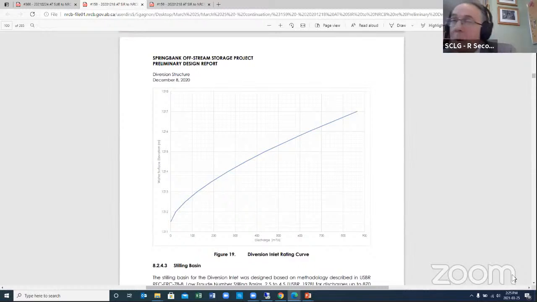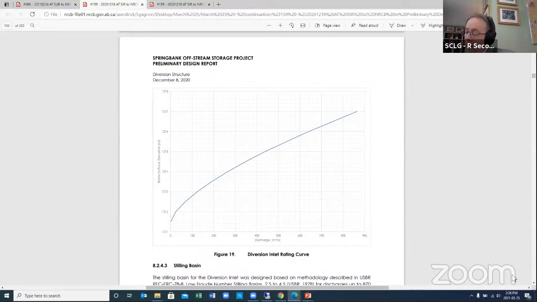Sorry, the auxiliary spillway. Sure. At 1217, there would be water flowing through the auxiliary spillway. That's correct. Right. And when I looked at the original auxiliary spillway, it seemed to me the original design took the spillway right up to the edge of the Elbow River, but the current design has the auxiliary spillway not going to the edge of the Elbow River.